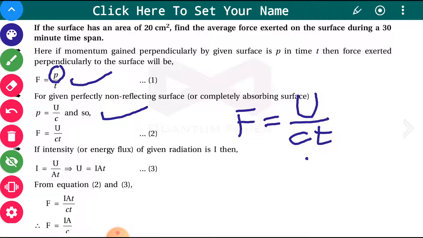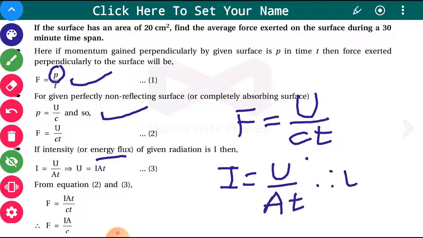If intensity, that is energy flux, which I explained earlier, is given by I, and intensity is nothing but energy per unit area per unit time, so we can say U is equal to IAT. So instead of this U, I can write IAT.